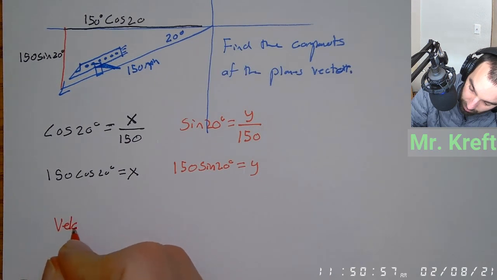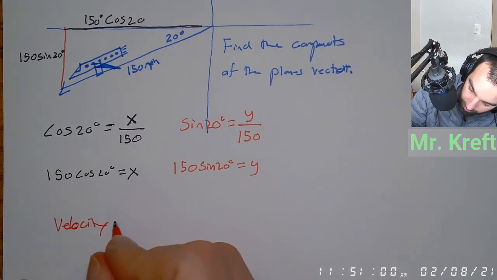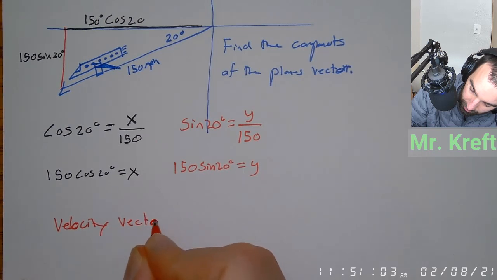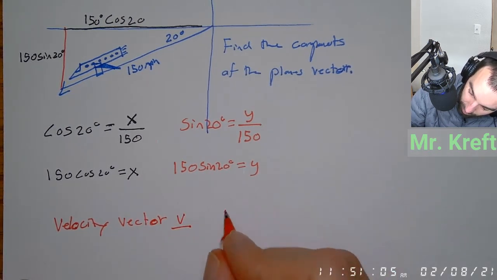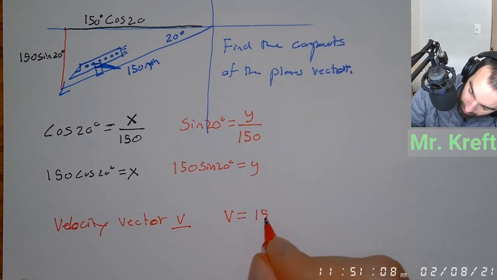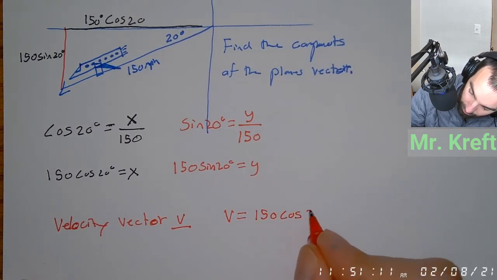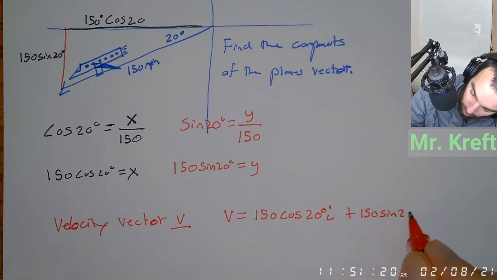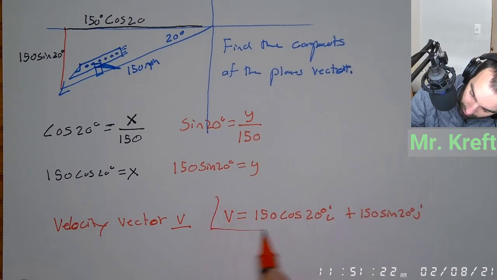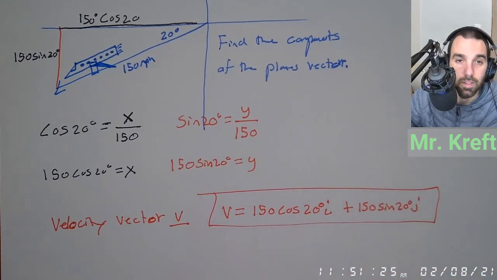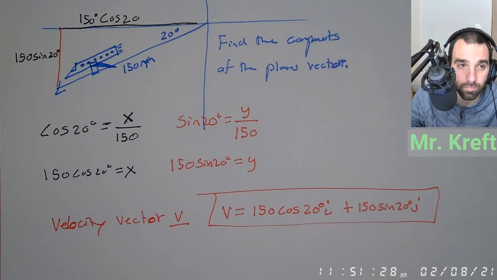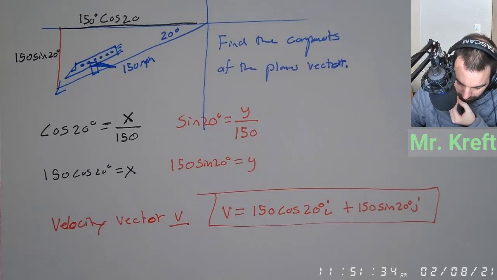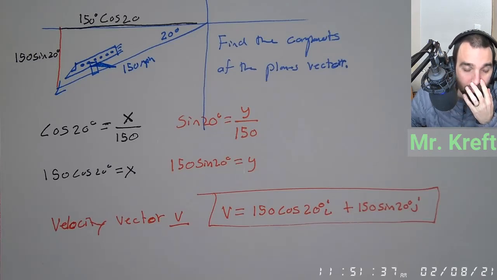So if we call our velocity vector v, then v would equal 150 cosine of 20 i plus 150 sine of 20 degrees j. And that is our component form.